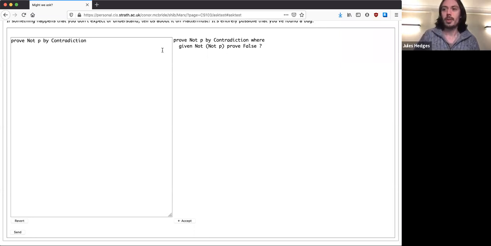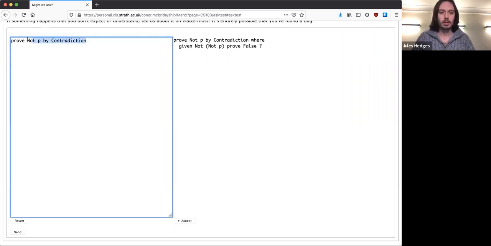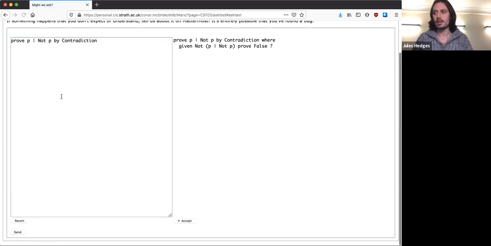Okay, so I promised that we'll be able to prove P or not P, so let's see how that proof works. I'm going to start by writing by contradiction. So ask tells us that we have to prove false given not (P or not P).